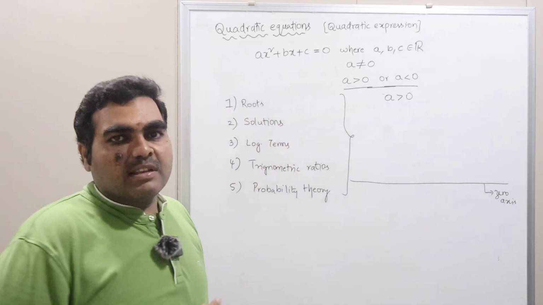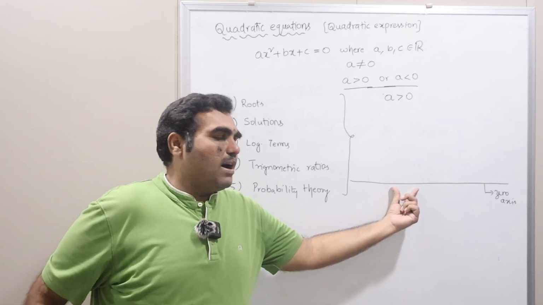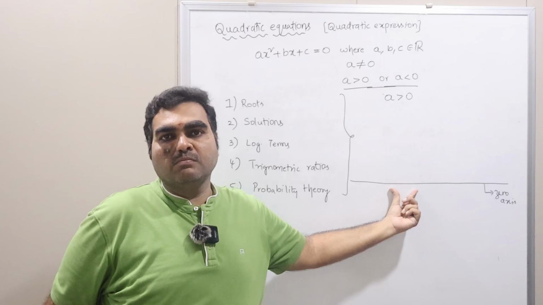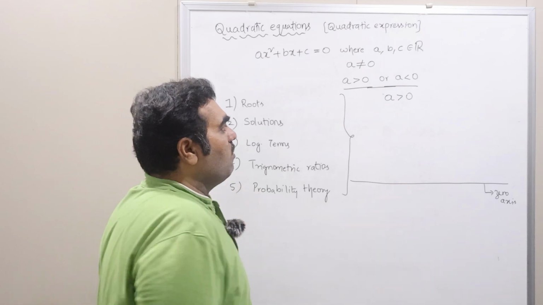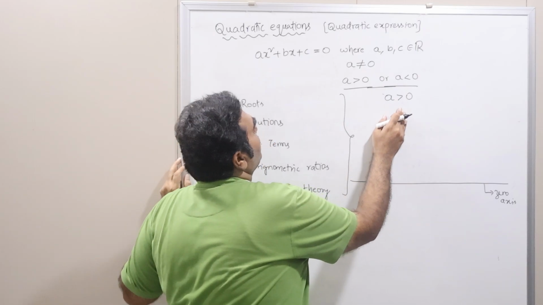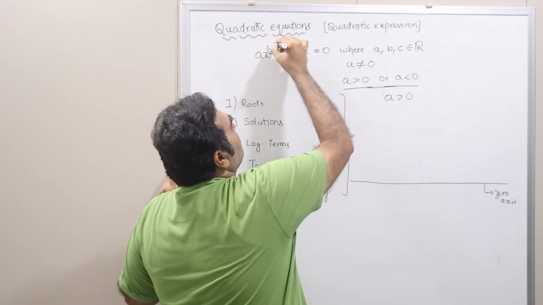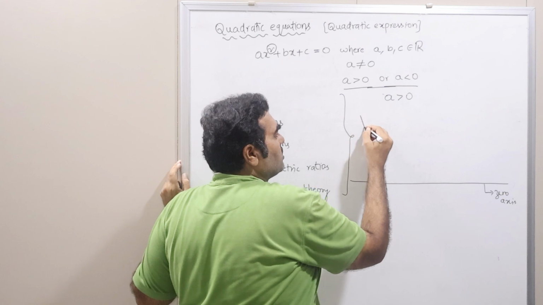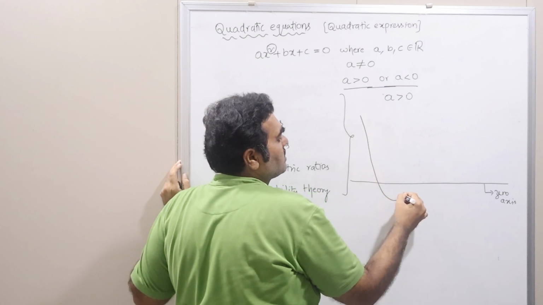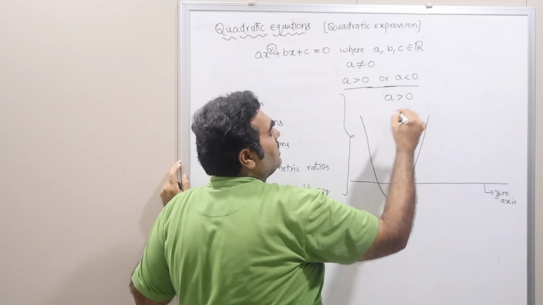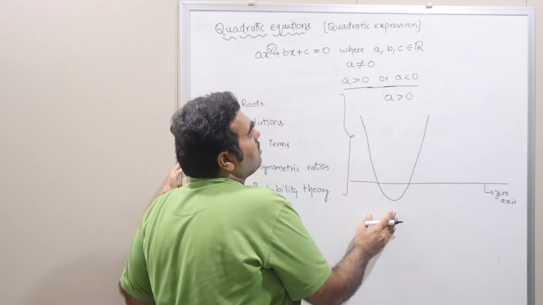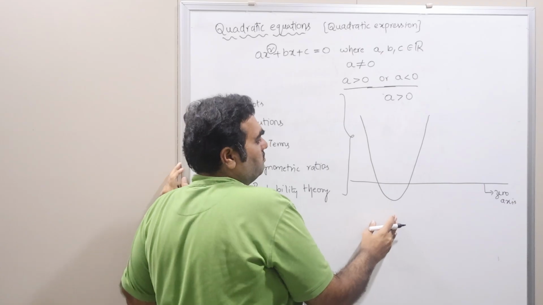When I say 0 axis, I mean that if my function intersects with this line, the function value is 0. Now what happens when a is greater than 0? Since the highest power of the given quadratic expression is 2, when you plot the function f of x, ax square plus bx plus c, you will get a shape something like this for all possible values of a, b, c.